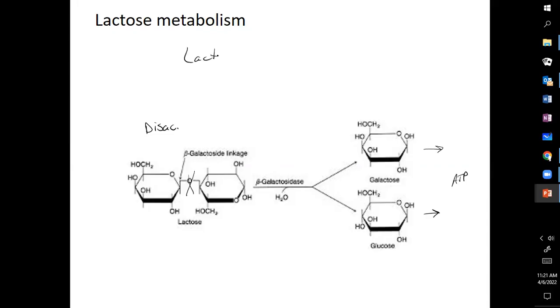So lactose, the disaccharide, can be broken down into glucose and galactose. And that's breaking a covalent bond, which means there's an enzyme involved. The enzyme that catalyzes the breaking of this glycosidic linkage is called beta galactosidase.